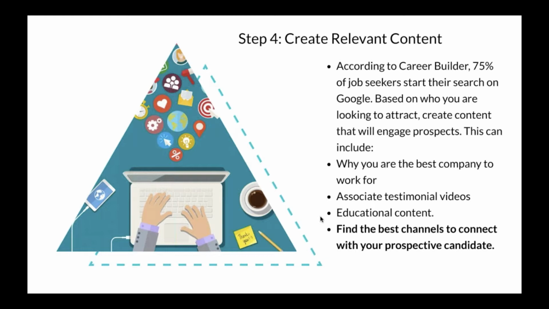This can include why you are the best company to work for. Associate testimonial videos are great. It's from another employee, it can be short and honest, and it's also very impactful. Educational content is great. You also have to look at what the best channels are to connect with your prospective candidate. Educational content can be, let's say, ebooks, white papers, tip sheets.